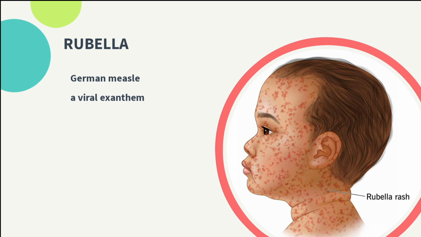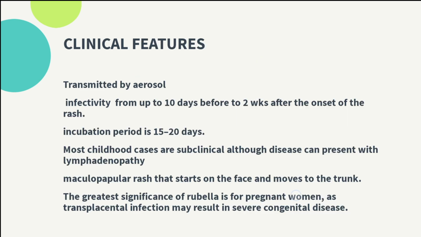Moving on to rubella. Rubella is German measles, and again it's a viral disease transmitted by aerosol. Infectivity lasts from up to 10 days to 2 weeks after the onset of rash. Incubation period is 15 to 20 days, and in most childhood cases you can see this disease along with lymphadenopathy, and a maculopapular rash will start from the face and move towards the trunk.